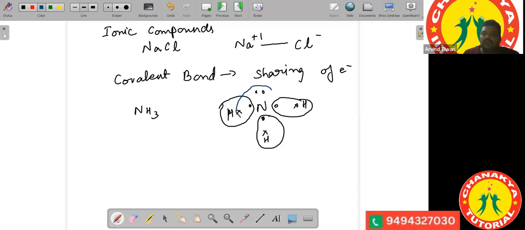So nitrogen will have all these electrons with it. If you see, now the nitrogen has 8 electrons. Is nitrogen having 8 electrons?